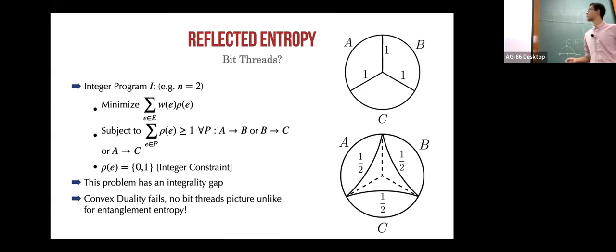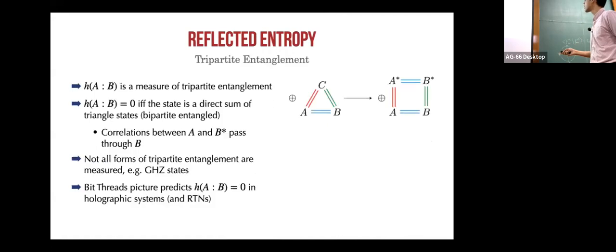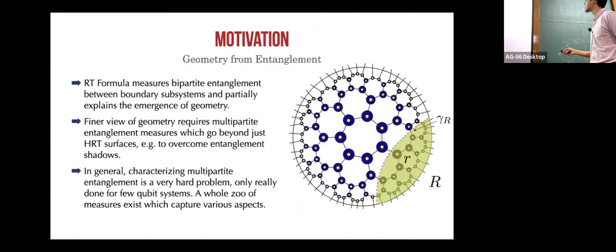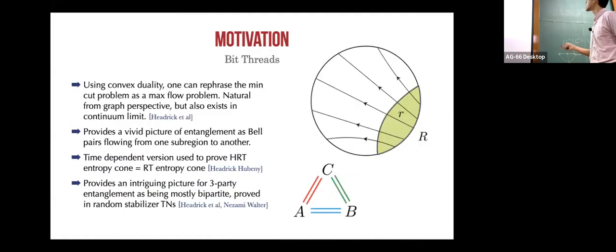Even for the bipartite case, what was the picture? Oh, the picture was this one. What this means is you want to consider a flow where one endpoint of the thread is in R and the other endpoint is in R bar, and it has some maximum density, and you just want to maximize the total flow.